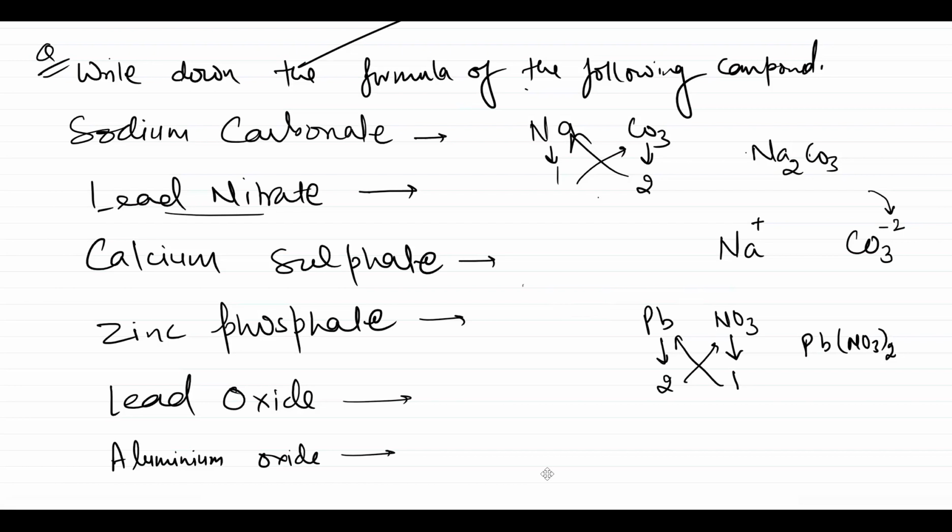Okay. Prishita, are you there? Yes, sir. Please write down the formula of the following compounds. We have written the valencies in the previous class. Okay, sir. Note down the formula. I'm writing the names of some others also.